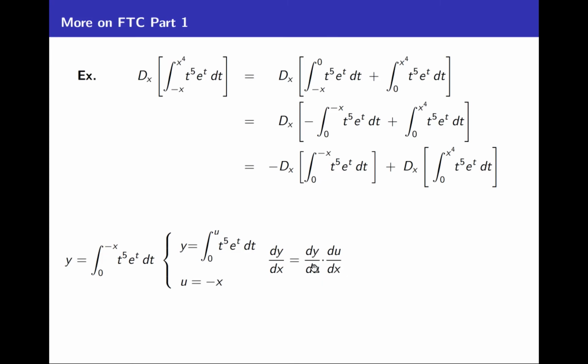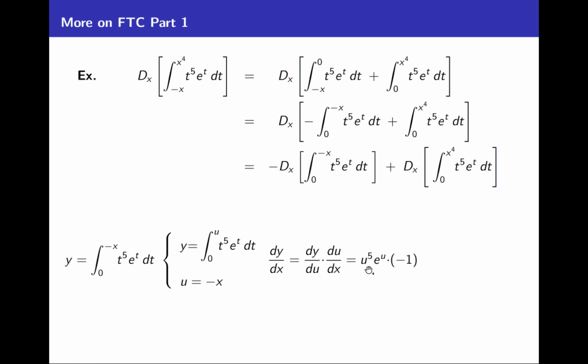Now dy du is the derivative of this integral, which by the Fundamental Theorem of Calculus Part 1 would be u to the 5th times e to the u. And that's multiplied by du dx, which is the derivative of minus x, which is just minus 1.